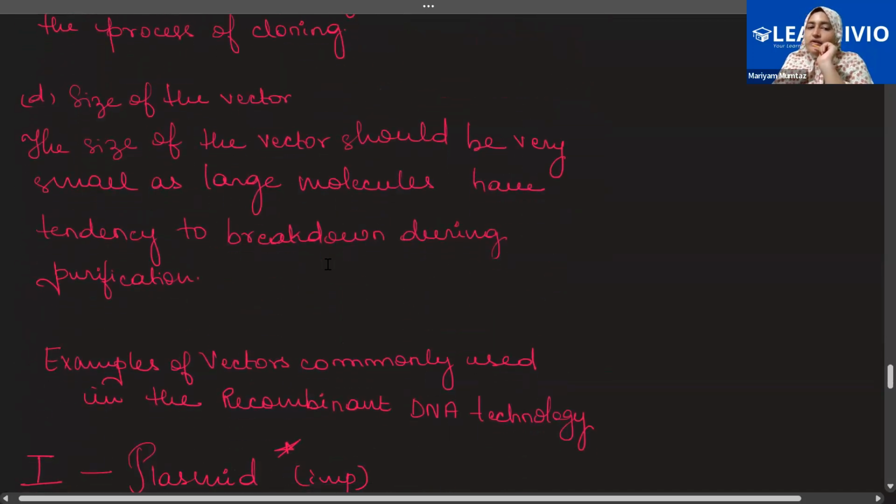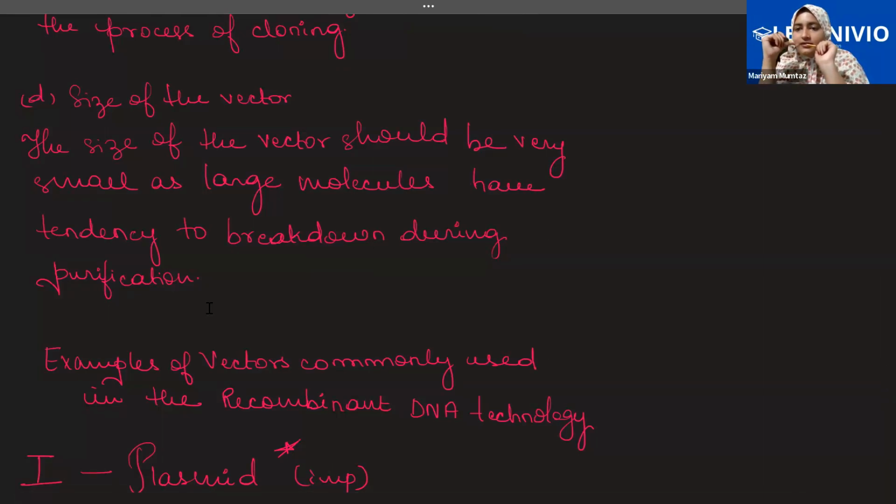Then comes the size of the vector. So this whole thing that I'm talking about, can you do this in humans? Can you do gene modification in humans? Give me two reasons. That's right, all of you are right.